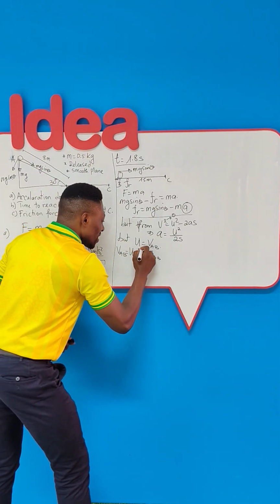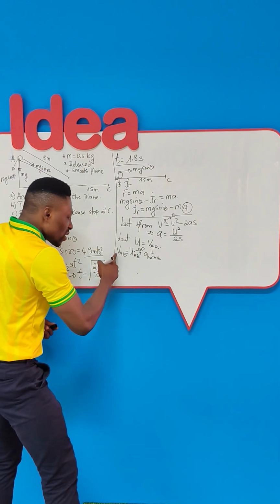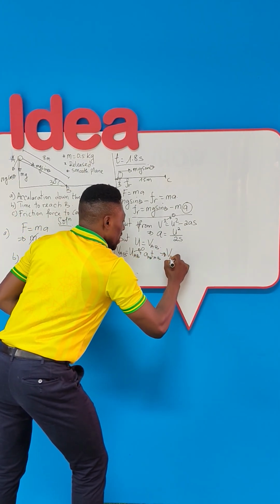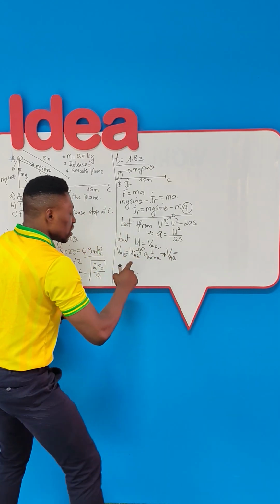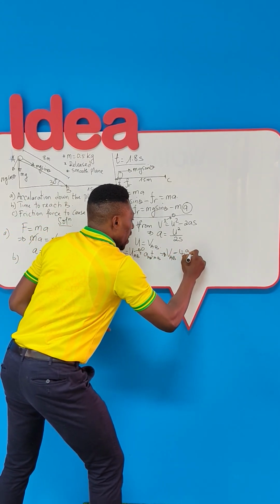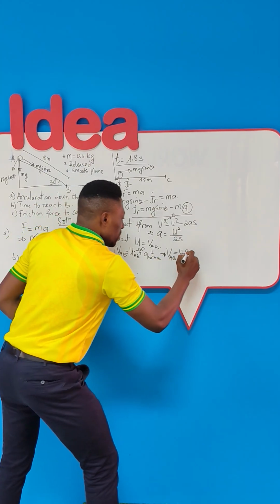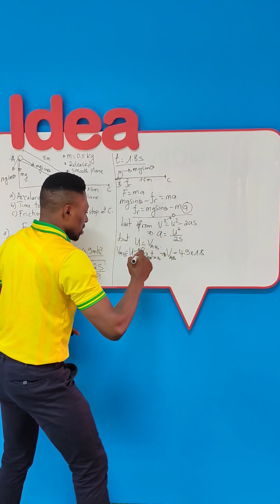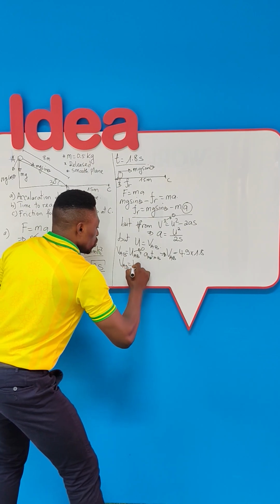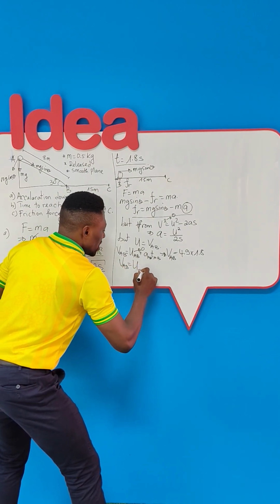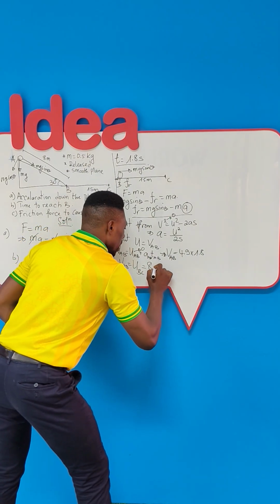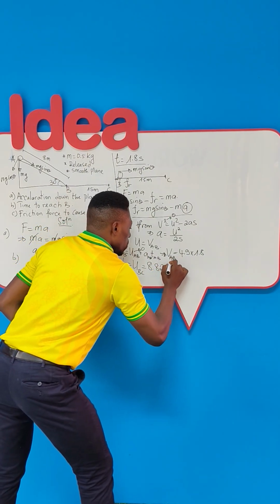So this implies that v of phase AB is going to be a of phase AB, which we obtained as 4.9, times t of phase AB, which was 1.8 seconds. So v of phase AB, which is equal to u of phase BC, if you punch in your calculator, will give you 8.82 meters per second.